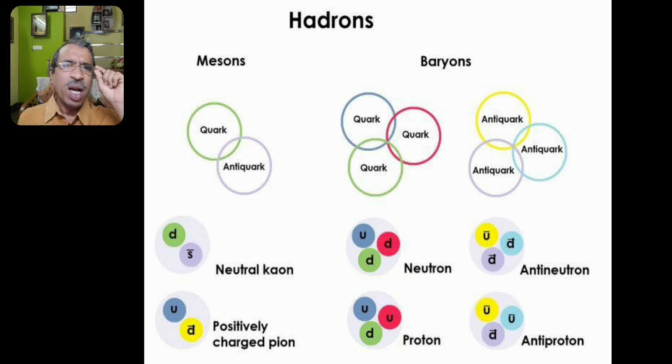Similarly, we have anti-neutrons and anti-protons also, which contain 2 anti-down quarks and 1 anti-up quark, and the anti-proton contains anti-up quark, anti-down quark, and anti-up quark.